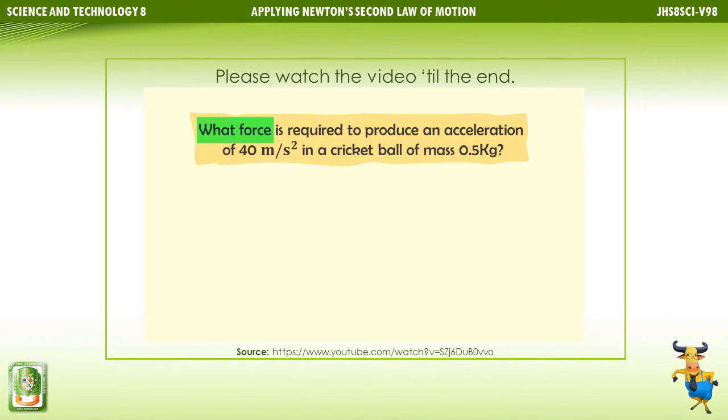So we are given three variables. Find force. The value of acceleration is 40 meter per second squared and the mass is 0.5 kg. So here I write F, here I write a, and here I write m.